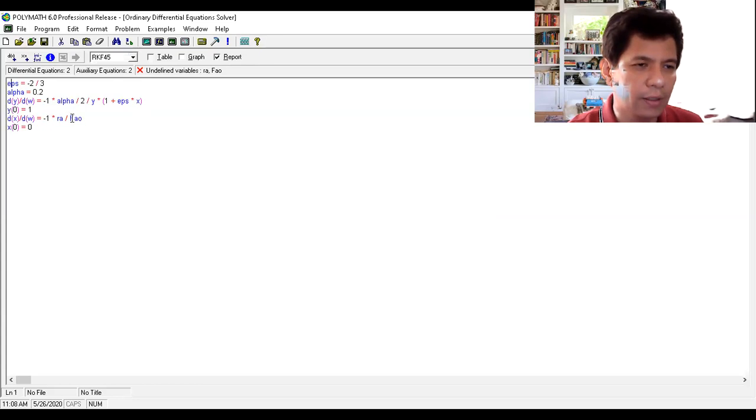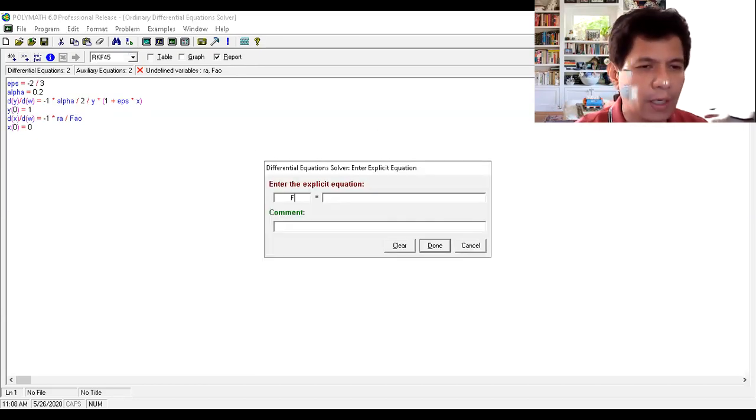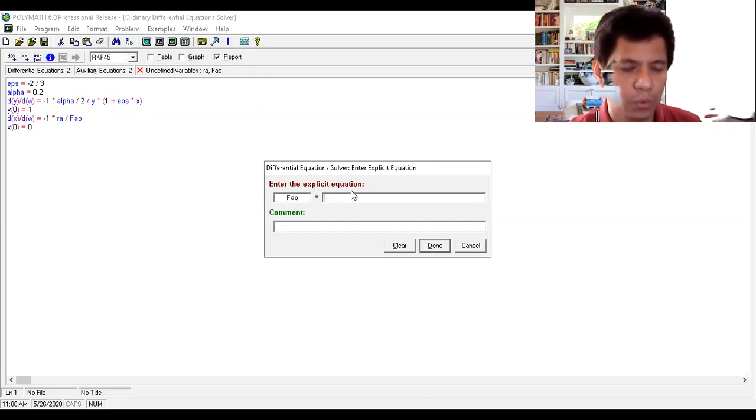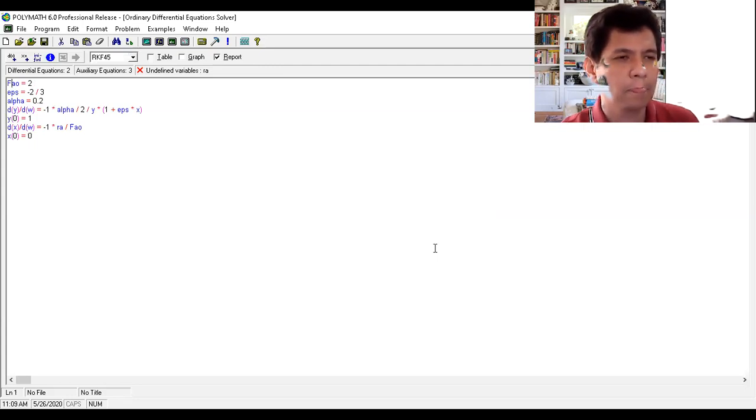And then the last constant is FAO. Let's enter FAO, that's capital FAO, equal to 2. Let me check that before. Okay, so 2 moles per minute.